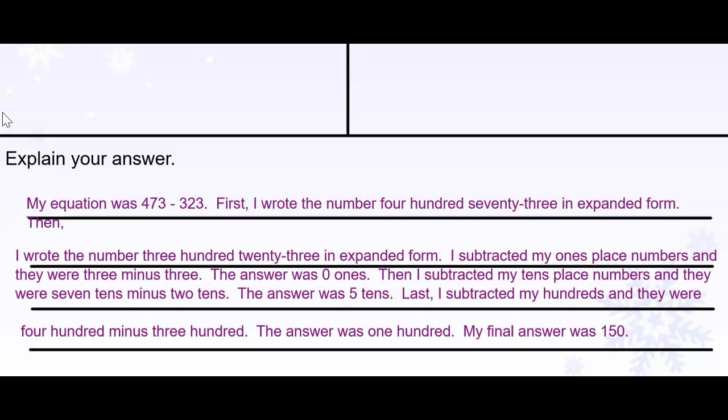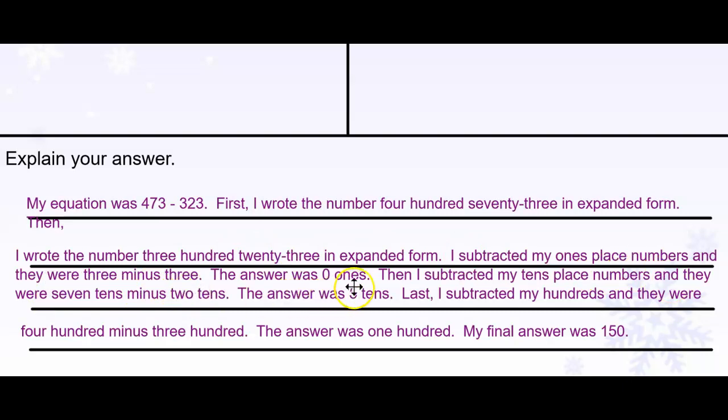Now let's look at your explanation. It should look something like this. My equation was 473 minus 323. First, I wrote the number 473 in expanded form. Then, I wrote the number 323 in expanded form. I subtracted my ones place numbers, and they were 3 minus 3.